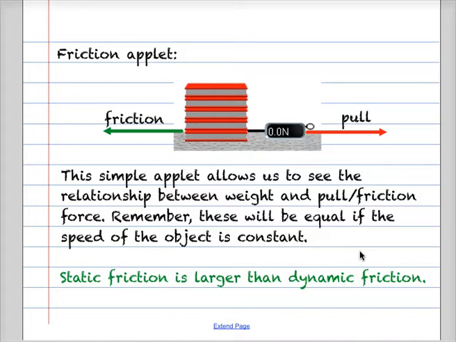Now at this point I'm going to do a virtual experiment using a friction applet to demonstrate coefficient of friction. In this applet I have the ability to change the weight of the object, and in this case it's books, and I can measure the friction force by pulling with a Newton meter.